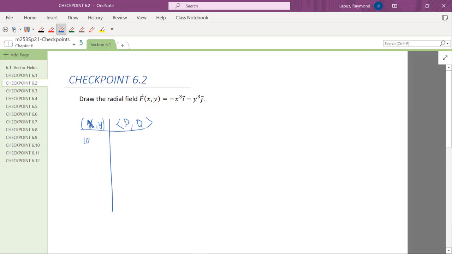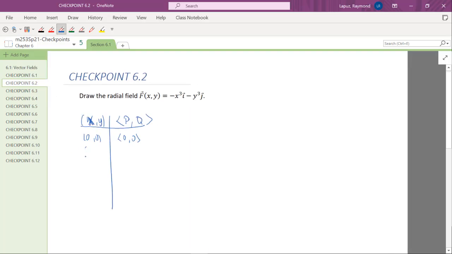We can try some really simple points like 0, 0, which is going to give us a no vector, a degenerate vector. We have the point 1, 0. That's going to give us a negative 1, 0. We have the point 1, 1, gives negative 1, negative 1.